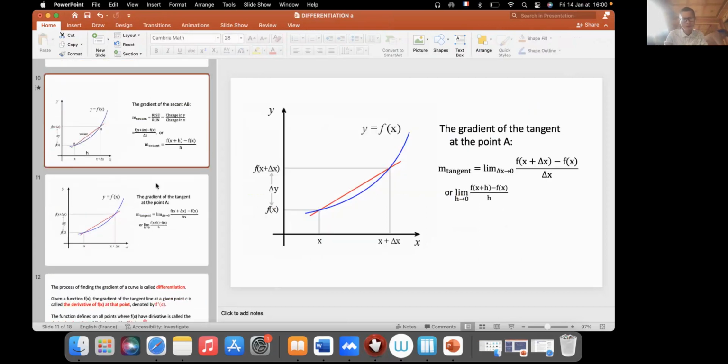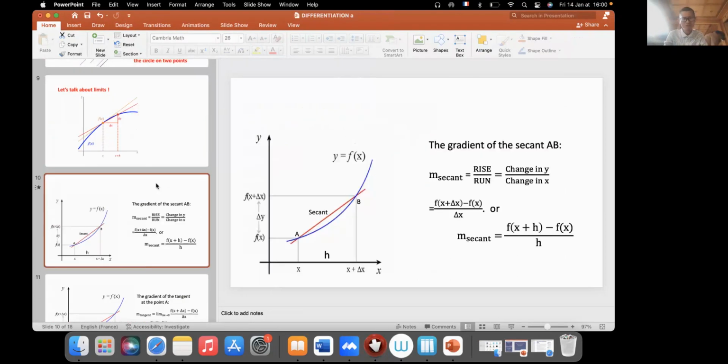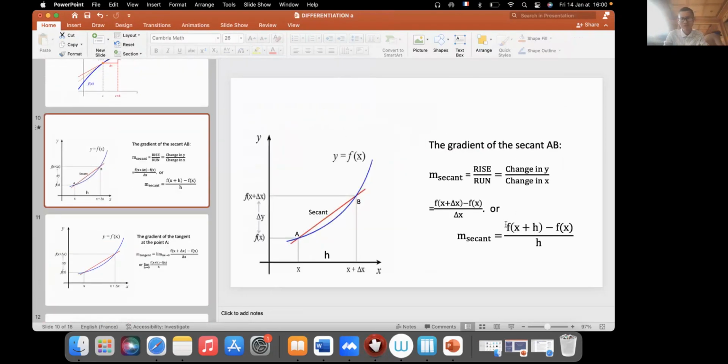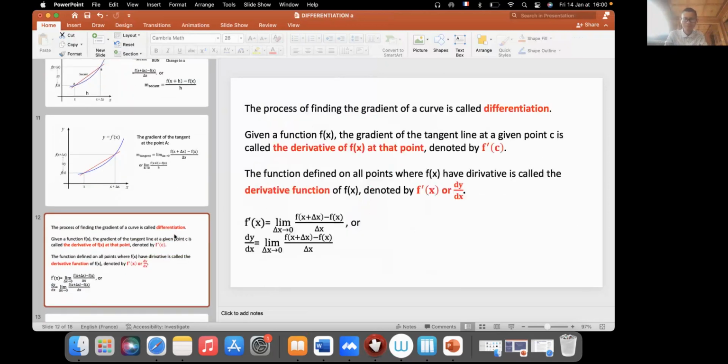So if we go back to our definition, delta x means a change in x. Since the two points are different, the two points can't have the same x coordinate. That is, delta x can't be 0. It can only get closer and closer to 0, but not 0. The second is that the limit is with respect to delta x, with respect to the change in x.